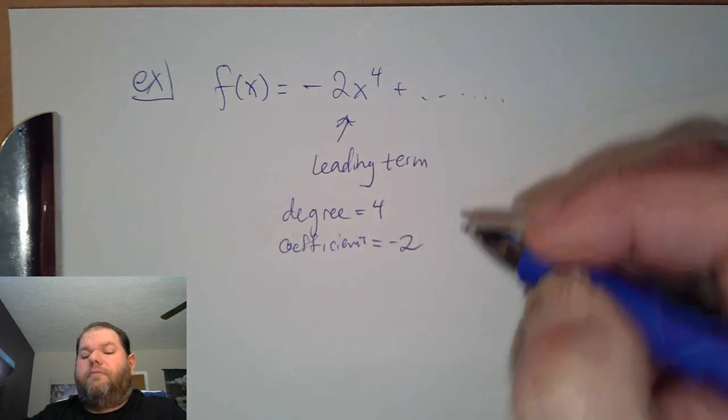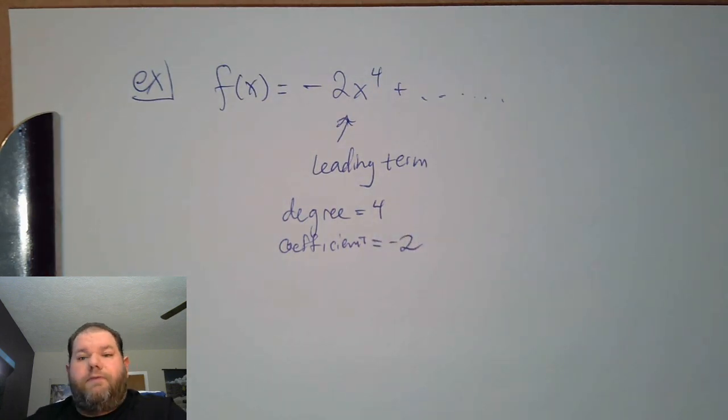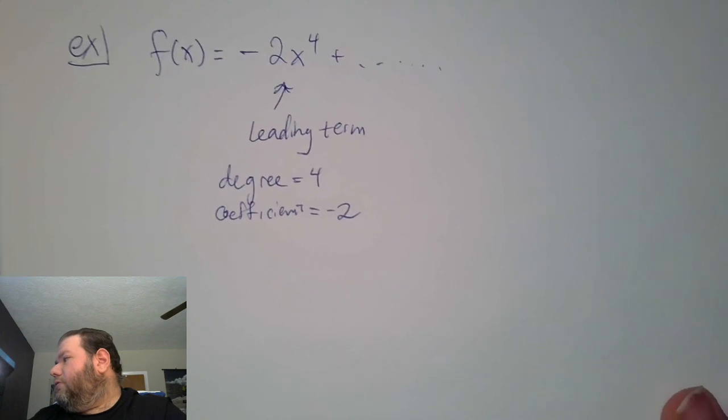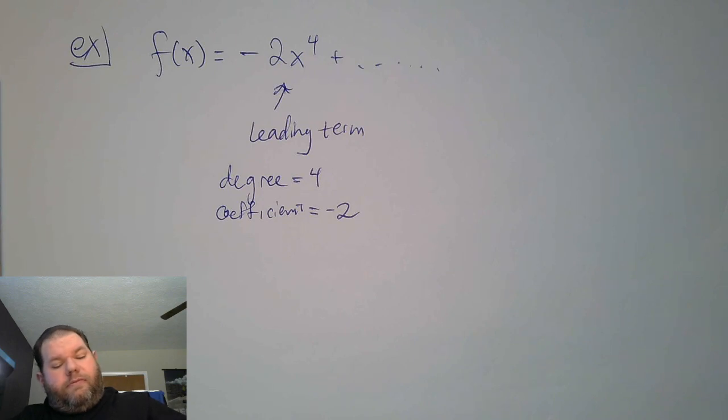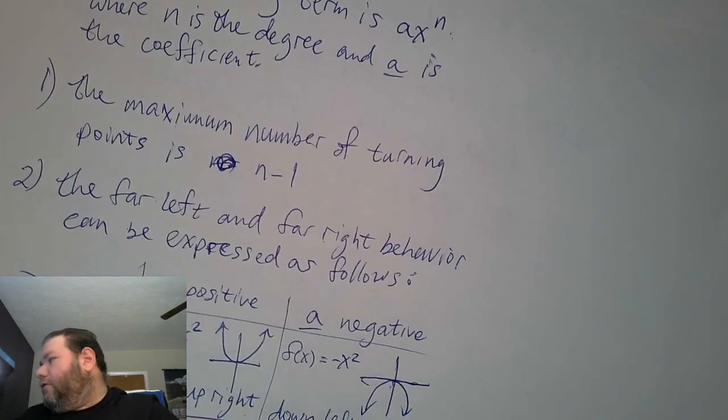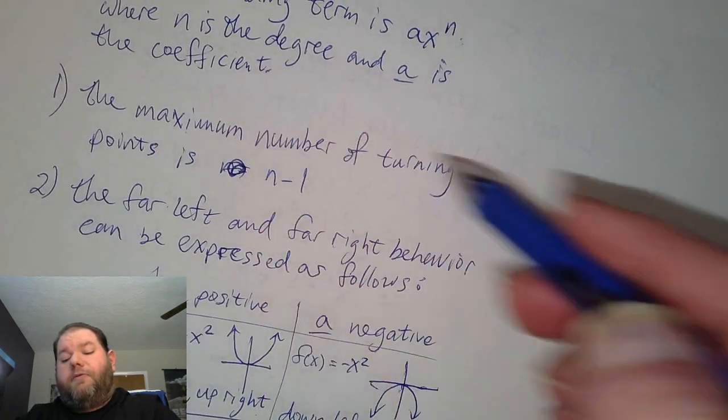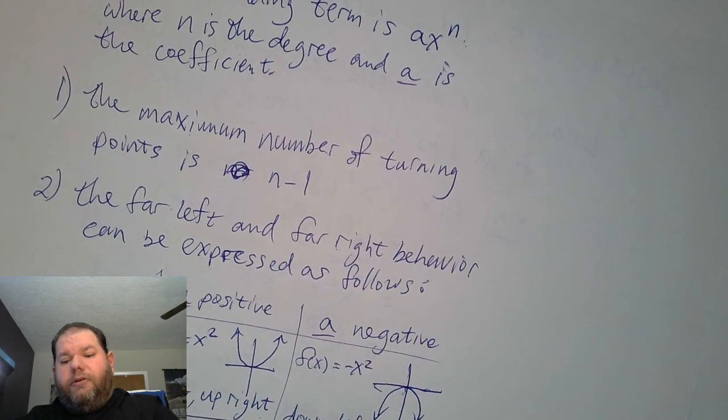Now, first of all, if we look at the degree, what are the maximum number of turning points possible? We had said maximum number of turning points is n minus 1, where n is the degree.